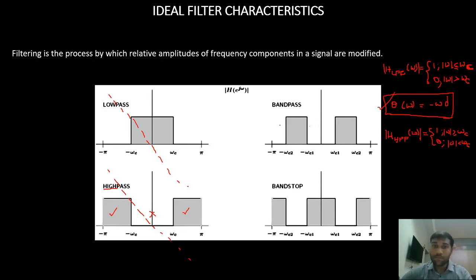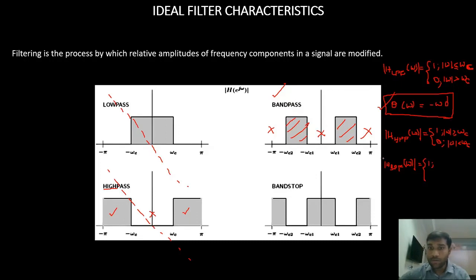Then we have the band pass filter. Band pass filter means it allows only a certain band of frequencies. Other than that band, everything else is rejected. So how do we write the equation of the magnitude characteristics? Mod of H band pass filter of omega equals, in which range is it 1?